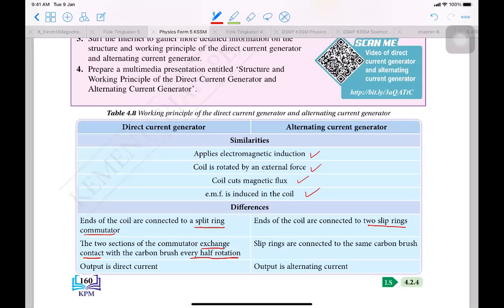This is to ensure, the reason is to ensure current flows in one direction only. So that is the reason why the commutator exchange contact with the carbon brush every half rotation, to ensure that the current flows in one direction only.